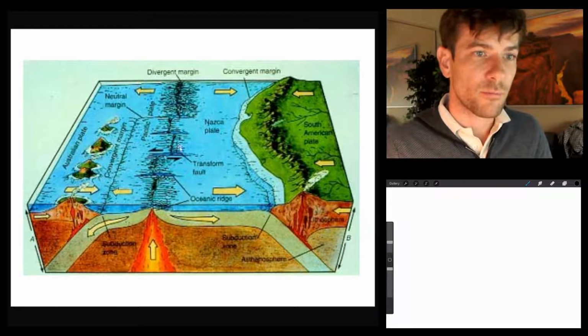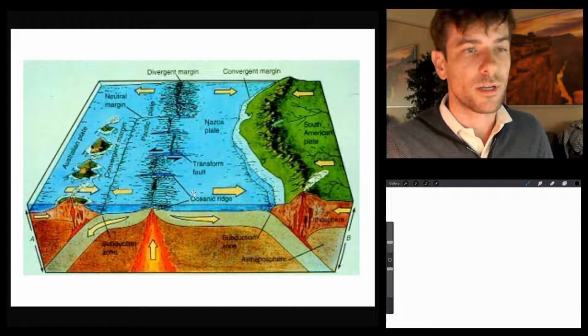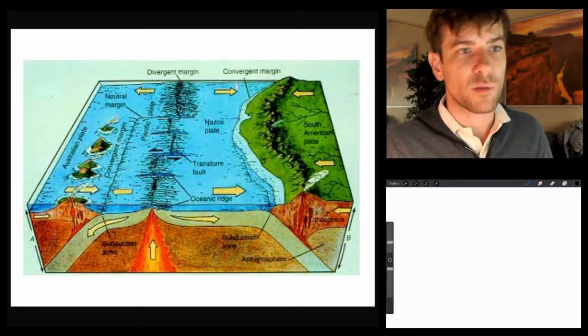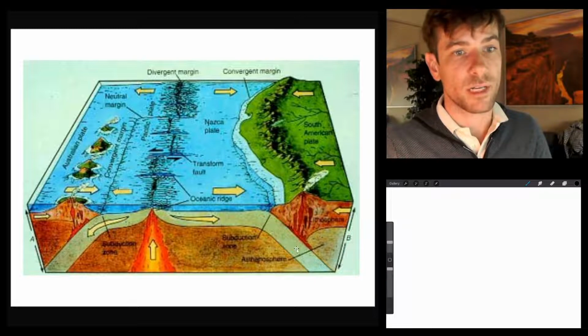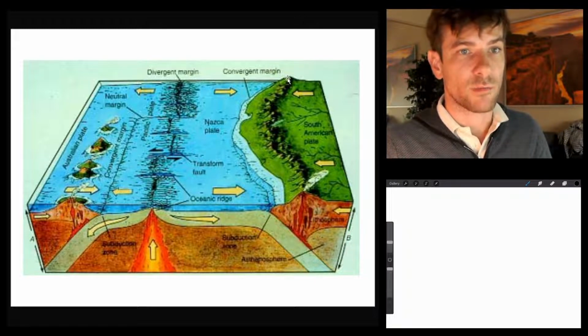You have the Pacific plate out here. You have a small plate called the Nazca plate here, but this side anyway, east of the East Pacific Rise, the plate is moving towards South America, and it's being subducted beneath, and it's creating volcanism, lots of earthquakes.